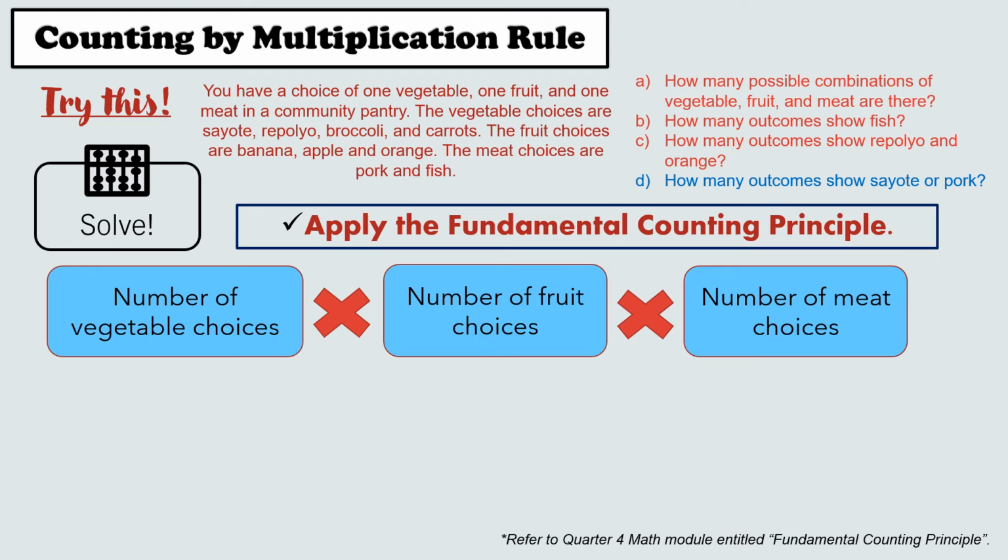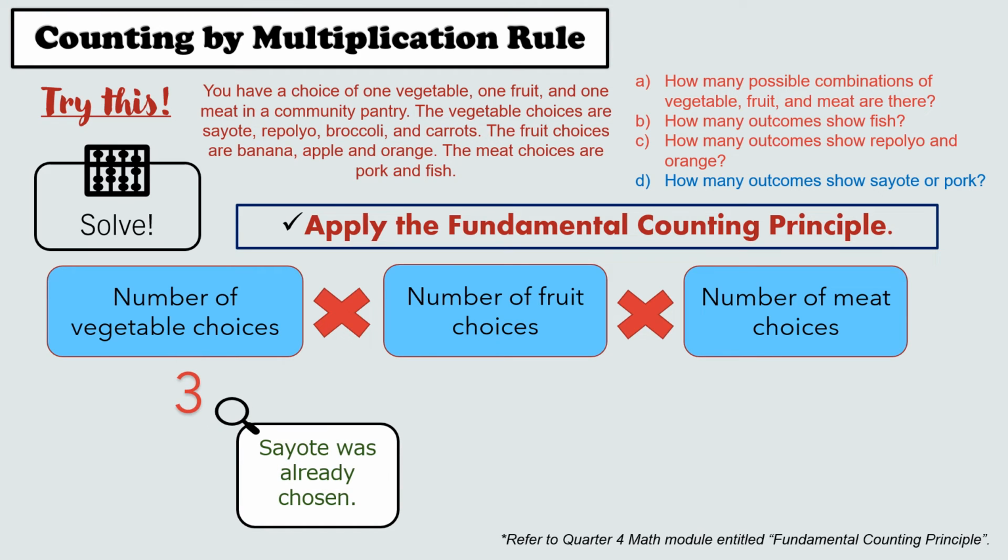The second step to answer the fourth question is to determine the number of outcomes that show pork. We begin with the number of vegetable choices, which will now be 3 since sayote was already chosen. We multiply that to the number of fruit choices, which is 3 since there is again no limit for fruit choices.